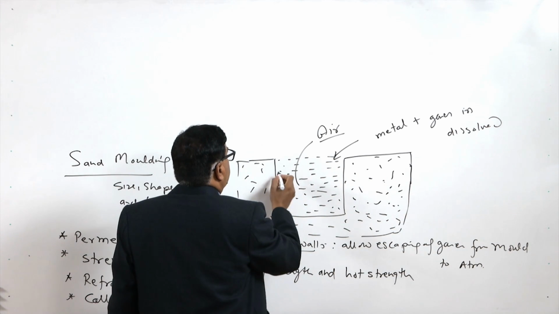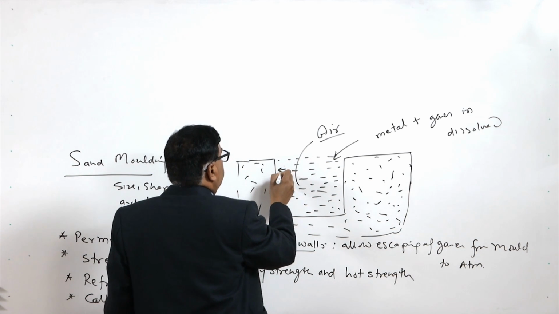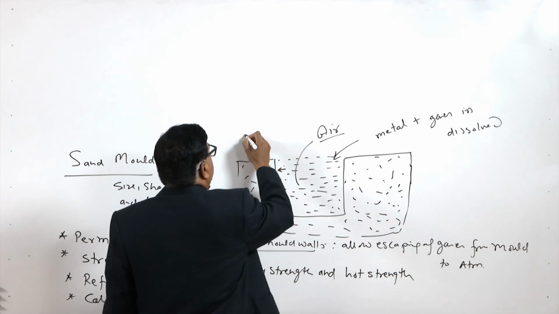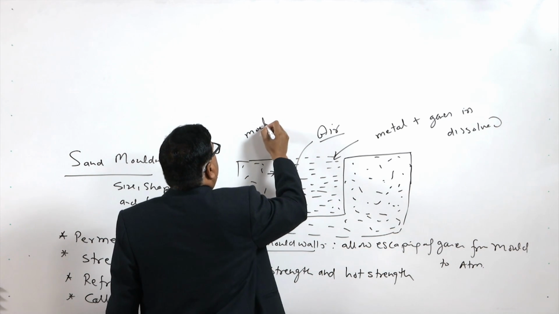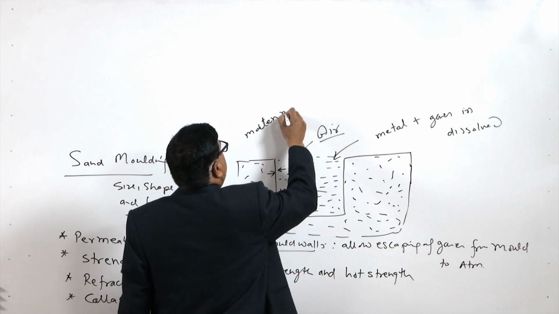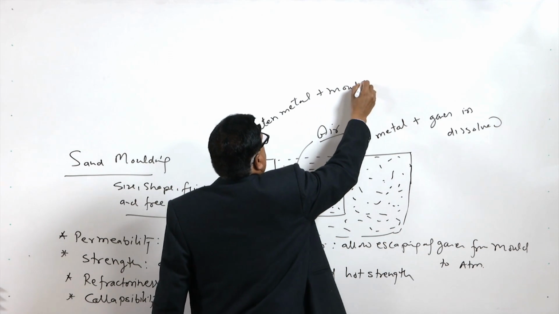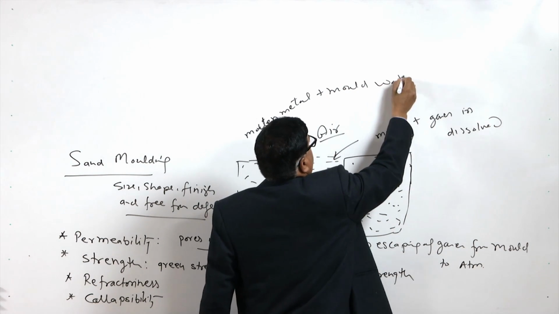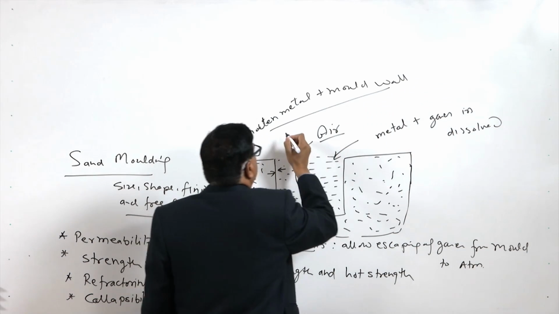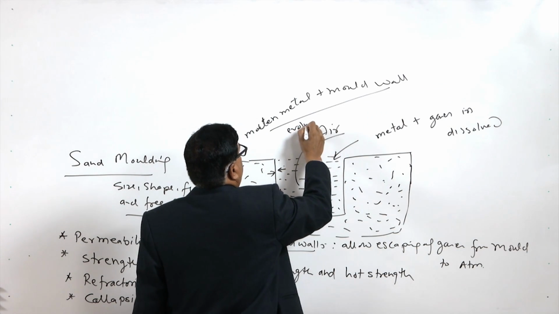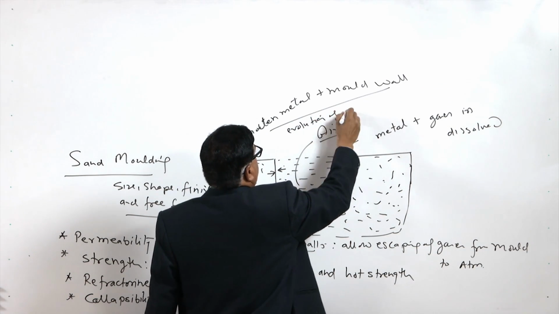At the same time, the interaction between the molten metal and the mold wall also results in the evolution of gases.